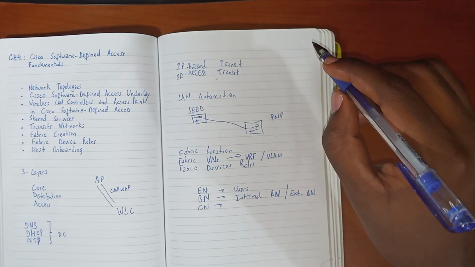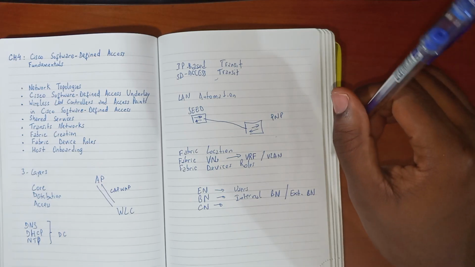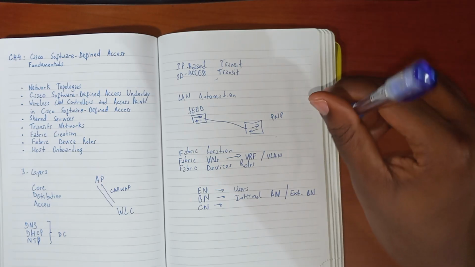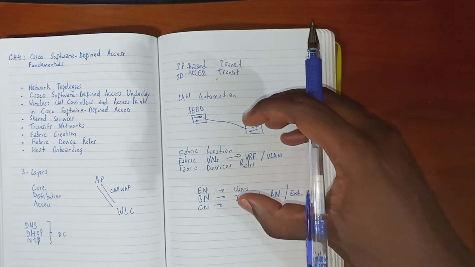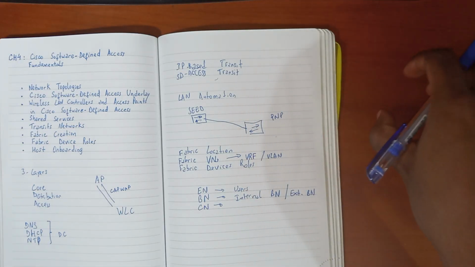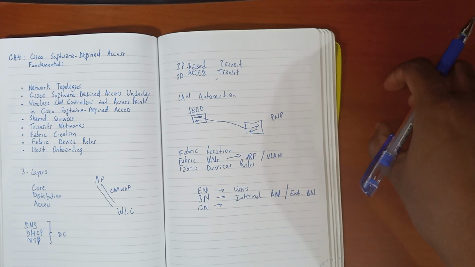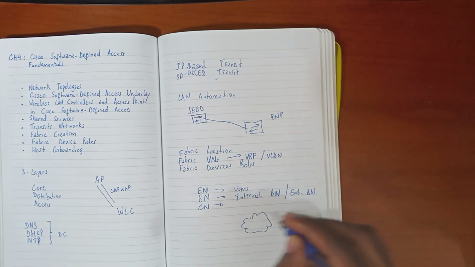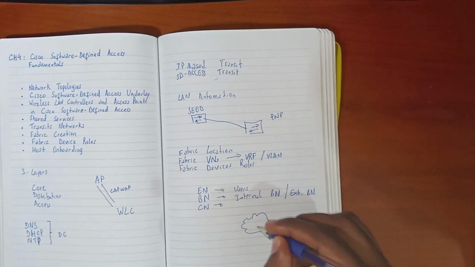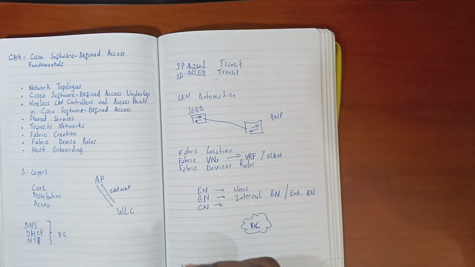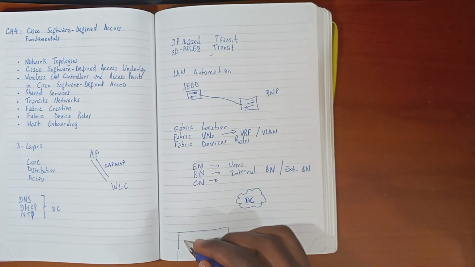There are also some specific devices that we can talk about, like the fusion router. Communication between the fabric and the external networks can be done using fusion routers. Sometimes our external network is part of the company. Let's talk about the DC, and here we have our fabric.